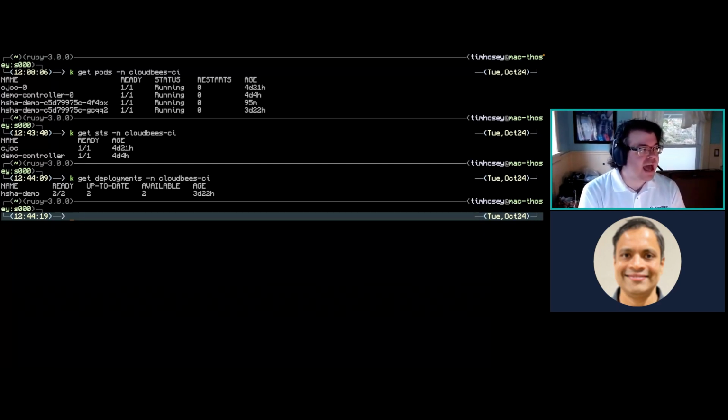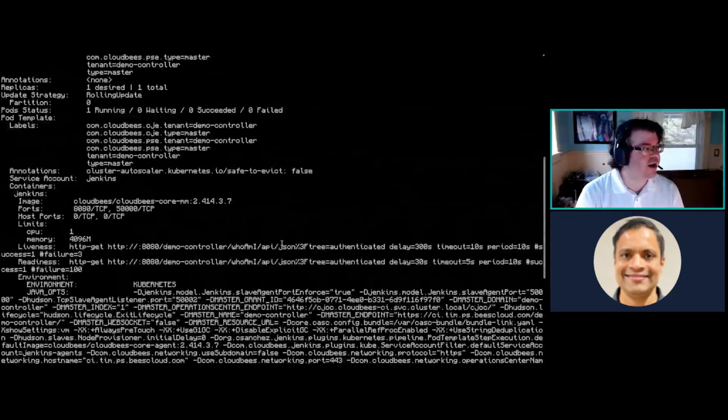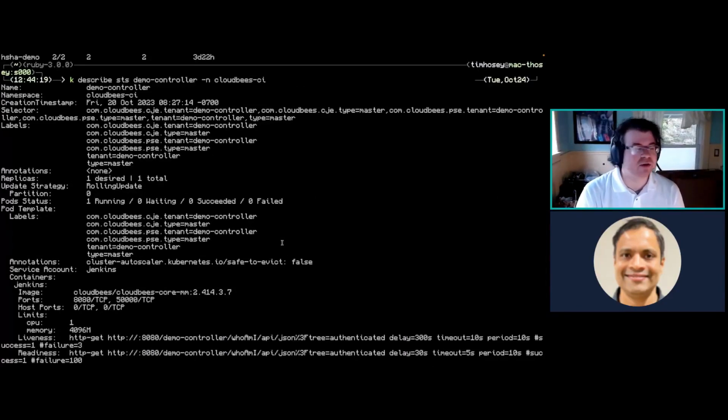Now, if we take a look at what these stateful sets are versus our deployment, you'll see a little bit of difference in the way it's done, but these are managed by my operations center entirely. So I don't even have to manage this manually, but we can at least take a look at what this looks like from the perspective of Kubernetes versus what it will look like in the UI.